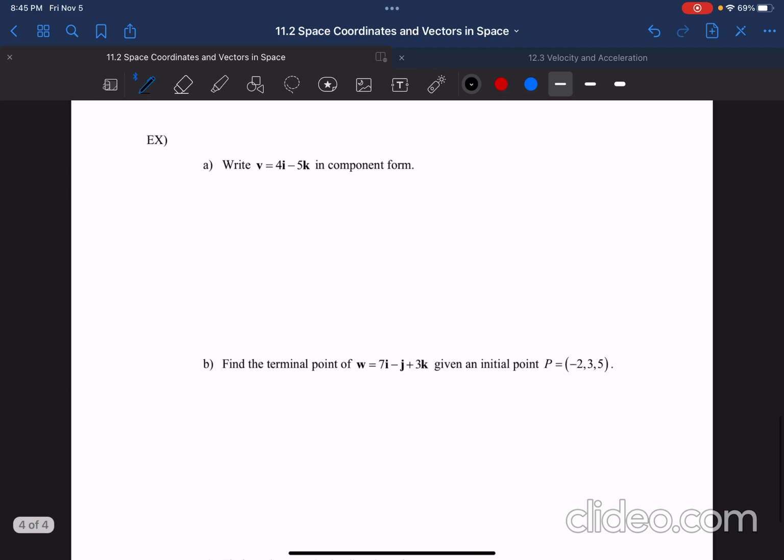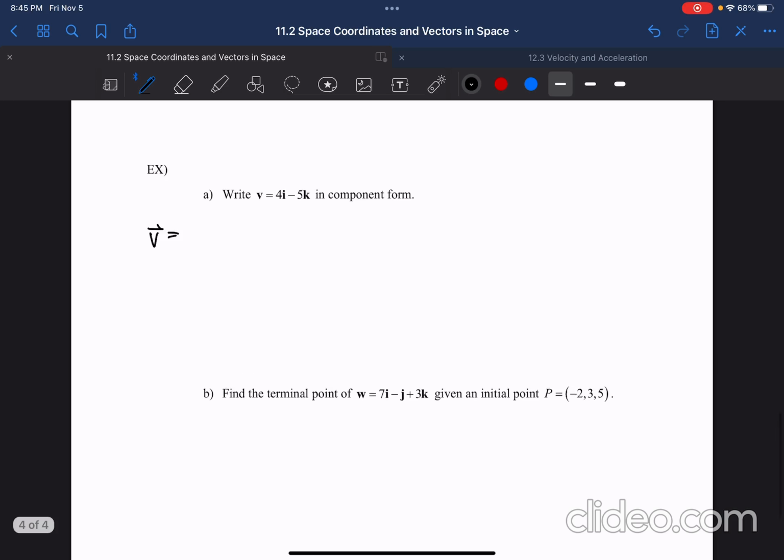Okay, so now you want to write this in component form, which is pretty simple. So we have v equals, and I mentioned earlier that i represents x, j represents y, and k represents z. We don't have a j over here, so it's just going to be a 0.